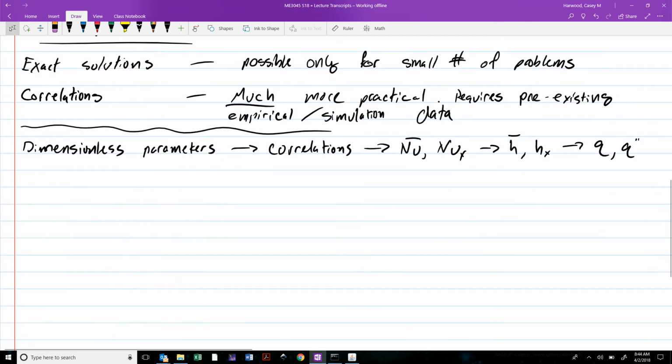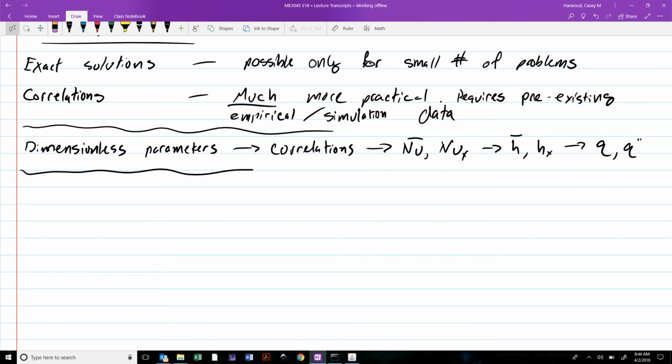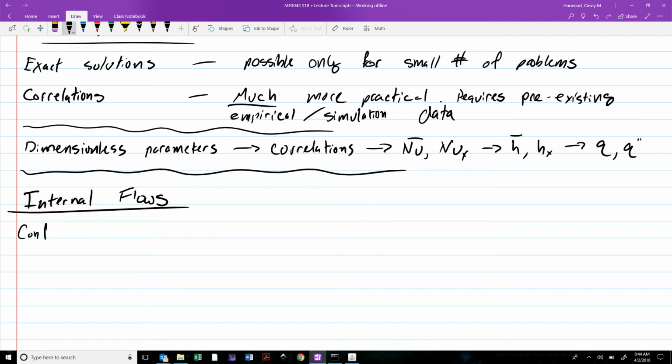Internal flows, on the other hand, let's go ahead and write this down. Internal flows are defined by or share the feature of confinement.